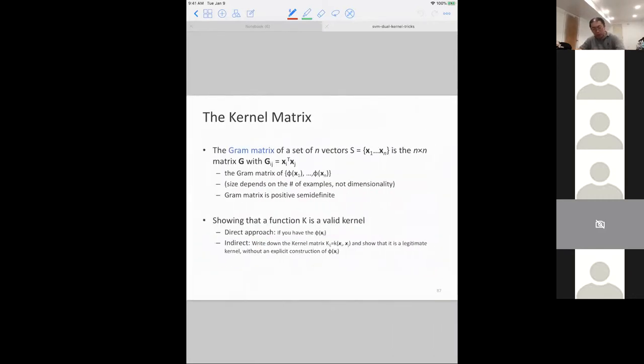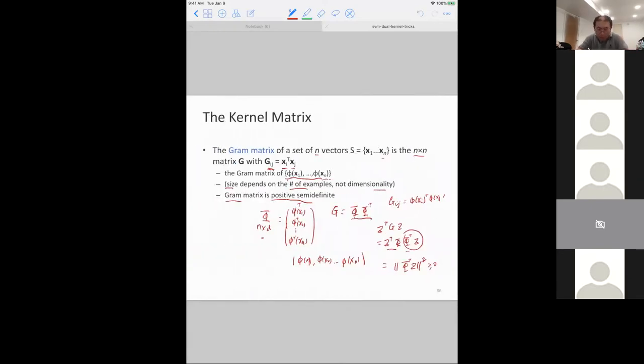So what's the usage of the Gram matrix? You can imagine that your kernel function corresponds to a feature mapping and then an inner product, right? Then if you use your kernel to construct an n-by-n matrix, what is the Gram matrix? Any idea?